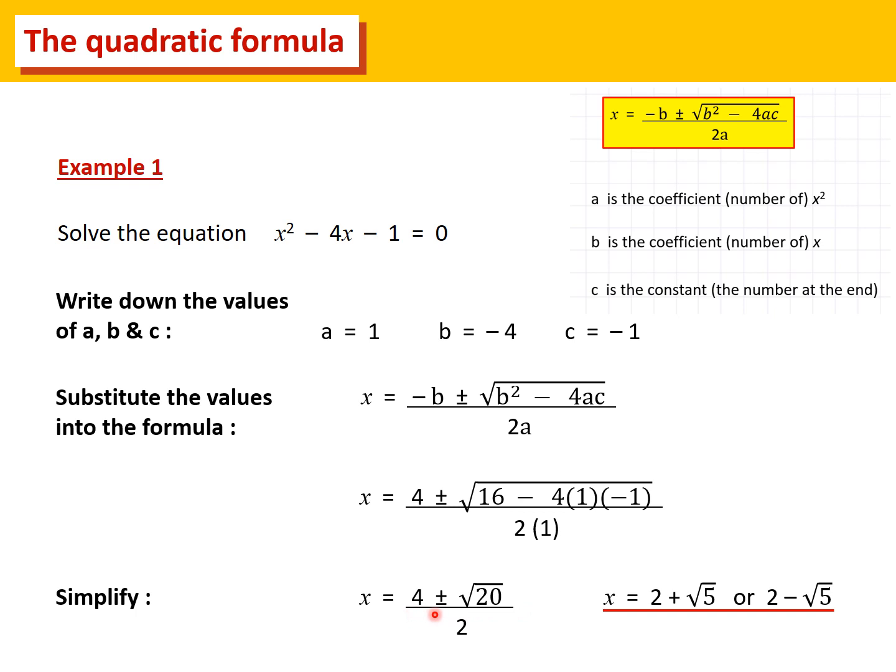And 4 subtract root 20, all divided by 2, is 2 subtract root 5. So just make sure you input that into your calculator and check that you get those two answers. And that's what the plus or minus means, two possible answers: plus root 5 or subtract root 5.